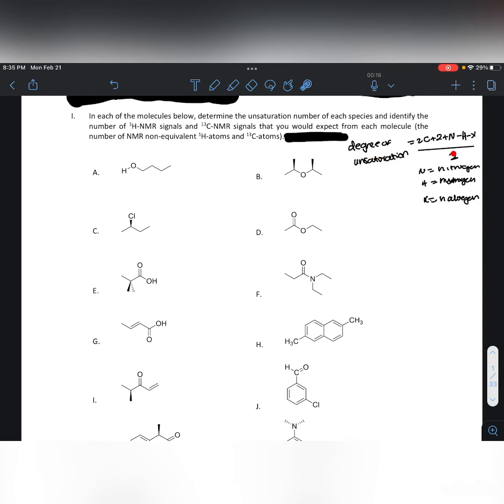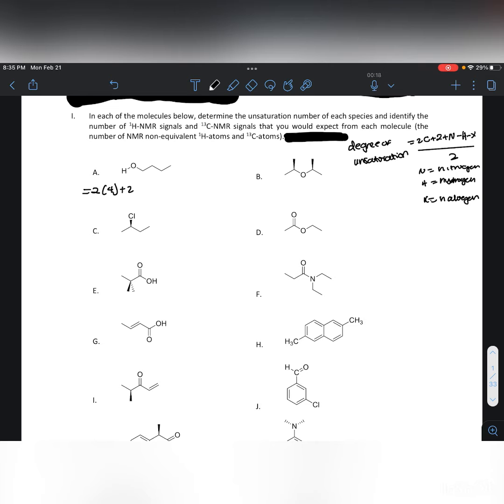The equation basically pans out to be 2 times C, which is carbon, plus 2 plus N, which is nitrogen, minus H, which is the total number of hydrogens that you have, and then minus X, which is halogens. So starting off with A, if you were to calculate the degrees of unsaturation, there should be a total number of 1, 2, 3, 4 carbons, plus 2.